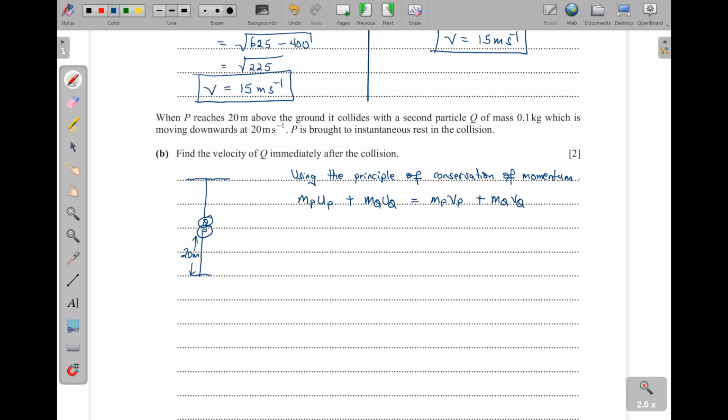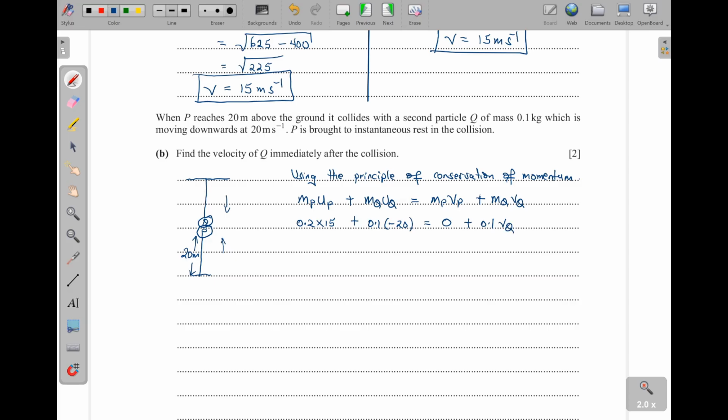So here we can have 0.2 times 15, then plus 0.1. Since Q was moving in the opposite direction to that of P, it will be negative here. So we put negative 20, which is equivalent to, now they say that P is brought to instantaneous rest. That means its momentum is 0 after collision, and then the mass of Q is 0.1. Then we are looking for its velocity.